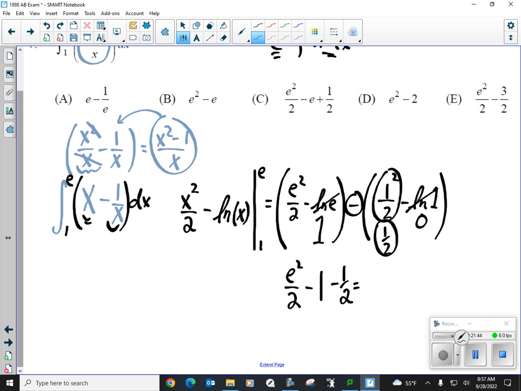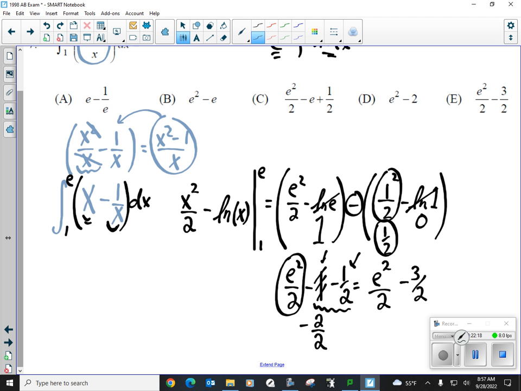I'm looking at my answers, and I'm going to have to combine these two values. 1 is the same thing as 2 over 2. If I have negative 2 over 2 minus 1 over 2, that gives me negative 3 over 2. This is still in the beginning, e squared over 2.